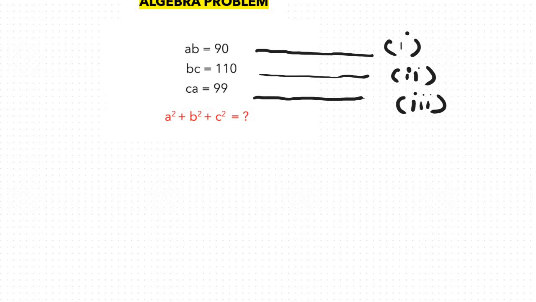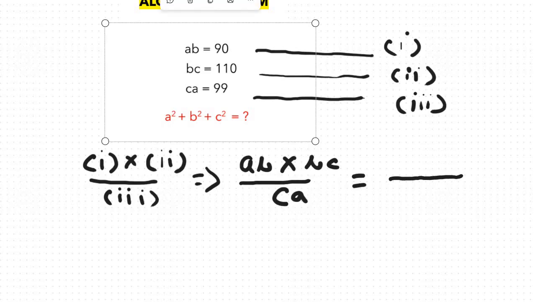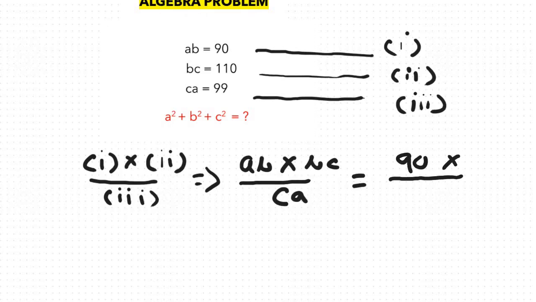Now, if we multiply equation 1 with equation 2 and divide it by equation 3, we get on the left side AB times BC divided by CA, and on the right side the value of AB is 90, times BC is 110, and CA is 99.